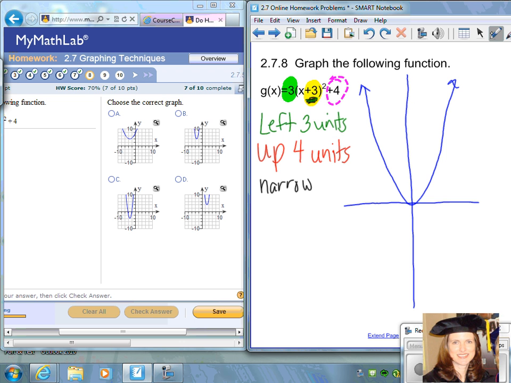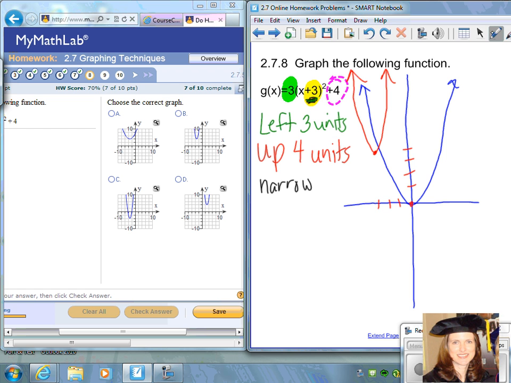So we can make a quick sketch of the graph by looking at this vertex and shifting it to the left 1, 2, 3 units, and then moving it up 1, 2, 3, 4 units. The parabola opens up, but that 3 in front is going to make it a very narrow looking parabola.